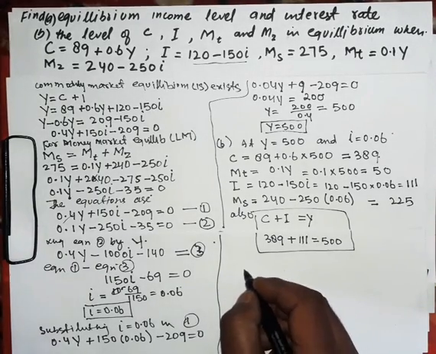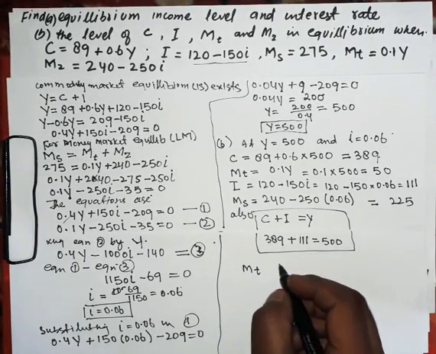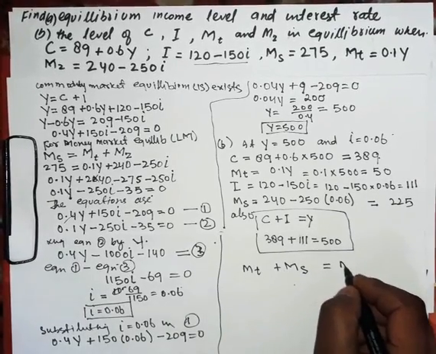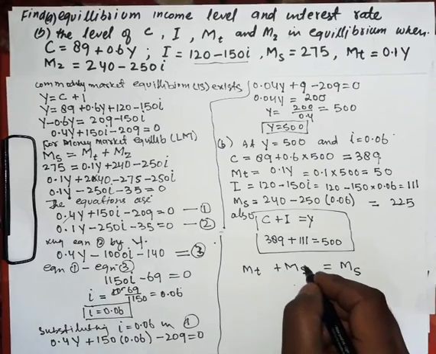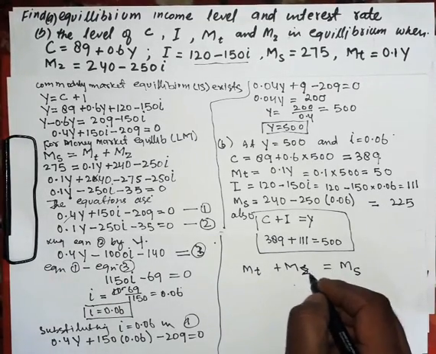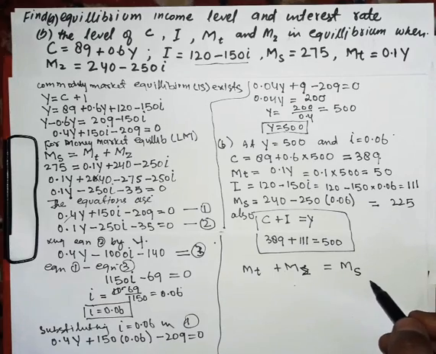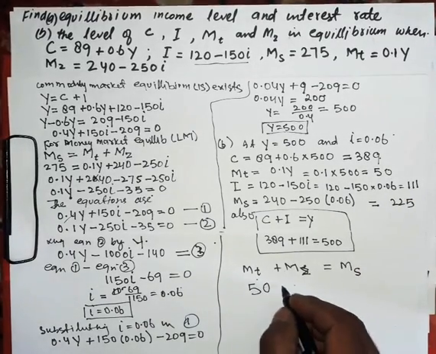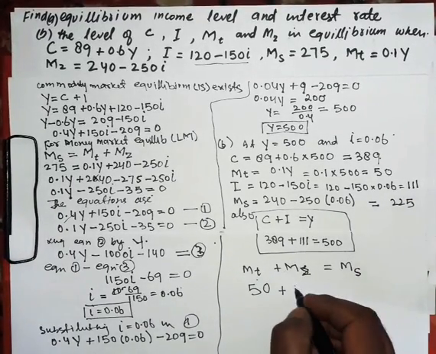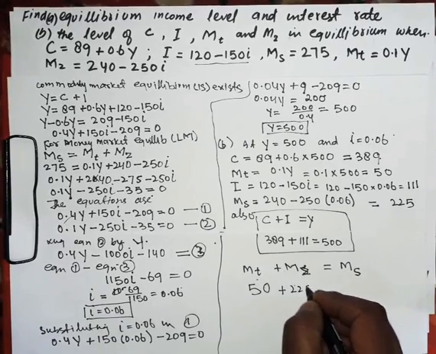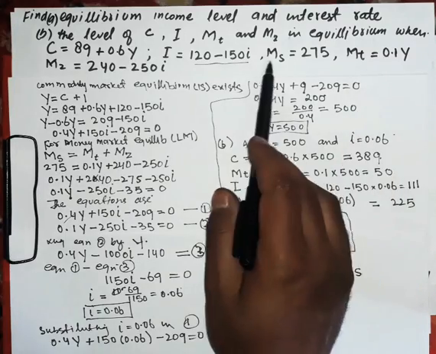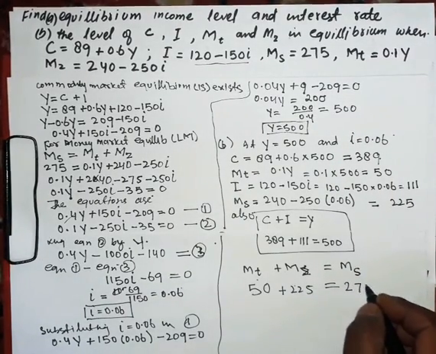Also if we check the transactionary demand plus the speculative demand for money against total money supply, this is demand for money and supply of money. Here we get the transactionary demand for money 50 plus the speculative demand 225, which equals the total money supply of 275.